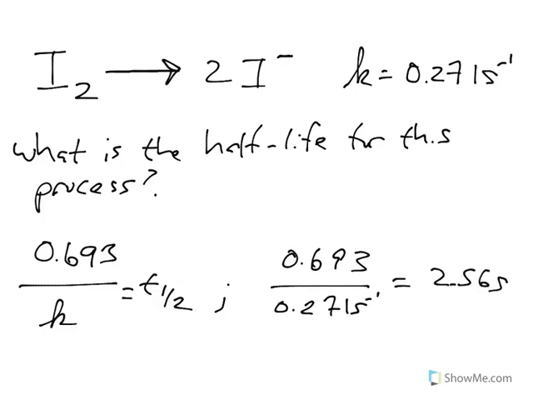So what have we answered? Well, it takes 2.56 seconds for the original concentration of I2 to fall in half. What would it take for the original concentration of the I2 to fall by a quarter? Let's think about what that means. If I have 1 going to 0.5, that's the half-life.